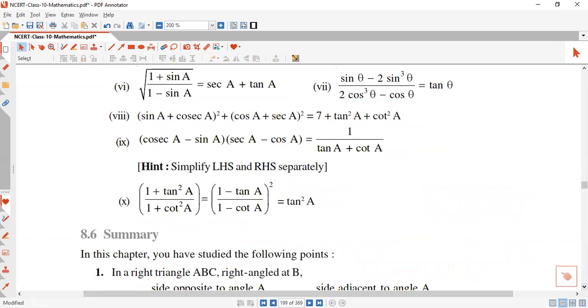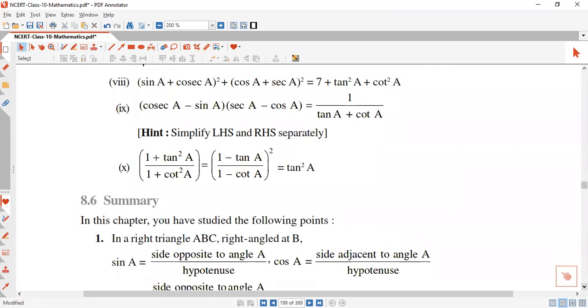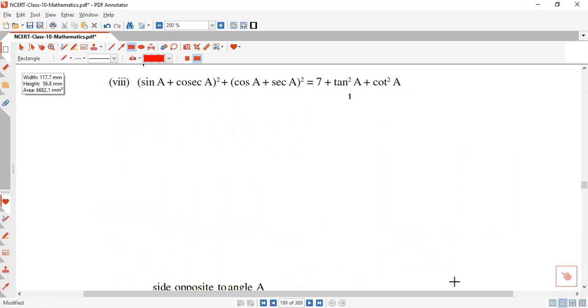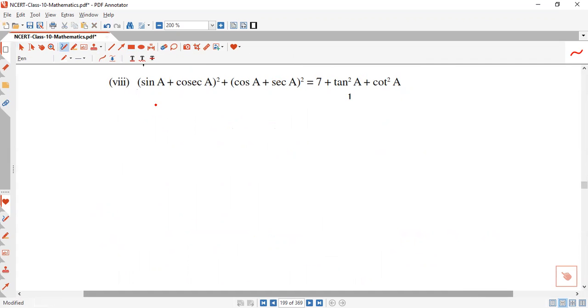Now, question number 8: sin A plus cosec A whole square equals 7 plus tan square A plus cot square A. Since the square is there, we take the square.